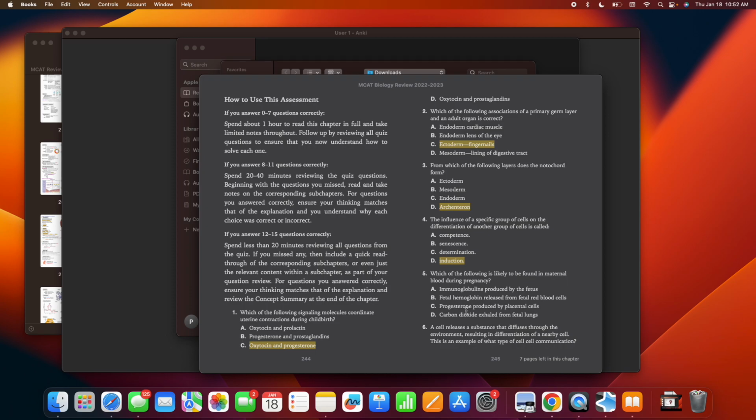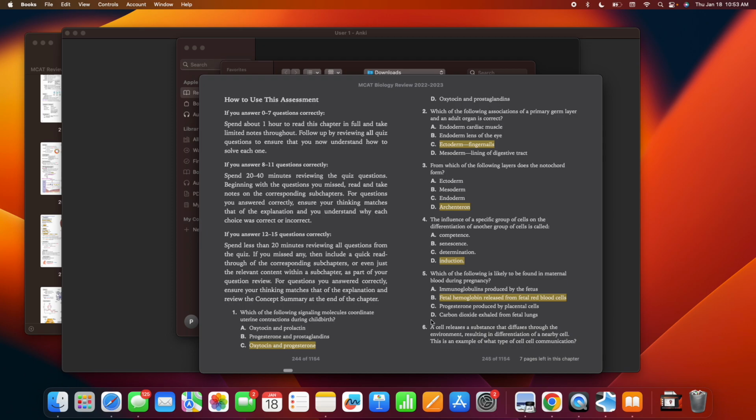My gut feeling is fetal hemoglobin, which is released from fetal red blood cells, because the blood is shared between the mother and the fetus. Could also be carbon dioxide exhaled from fetal lungs, but I don't think there's any inhalation and exhalation when the fetus is just there.